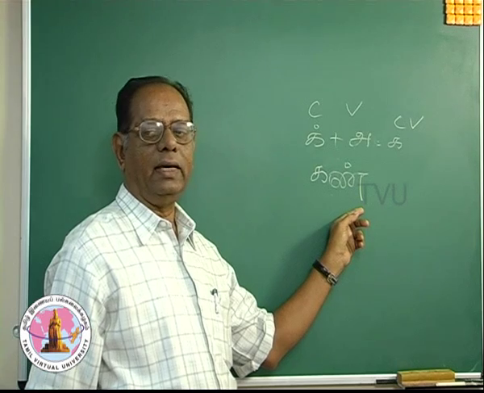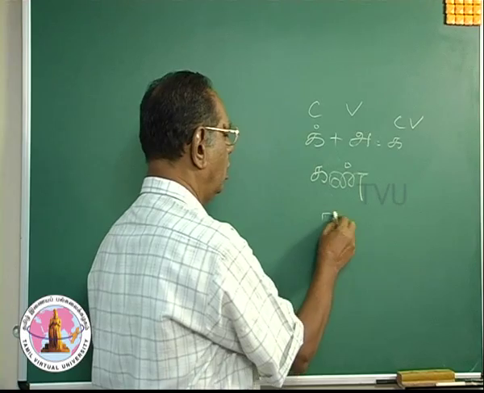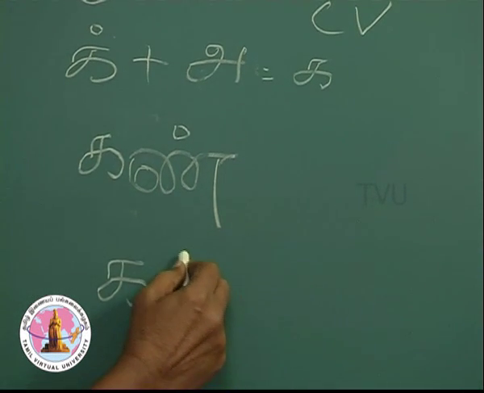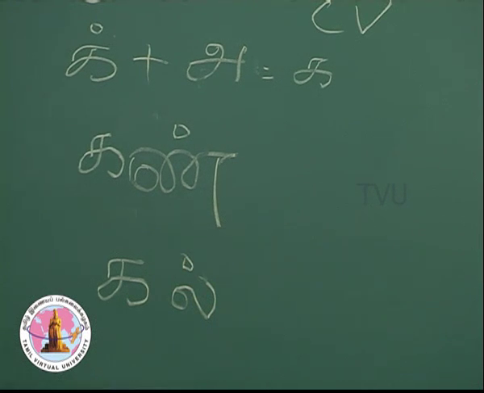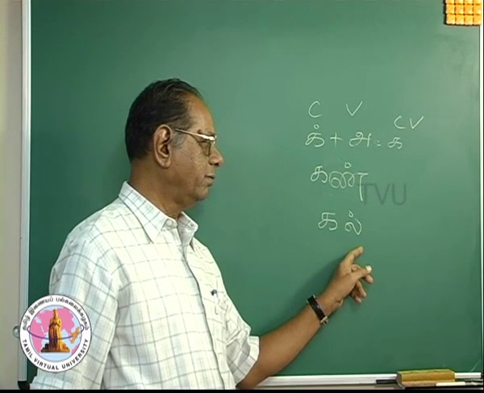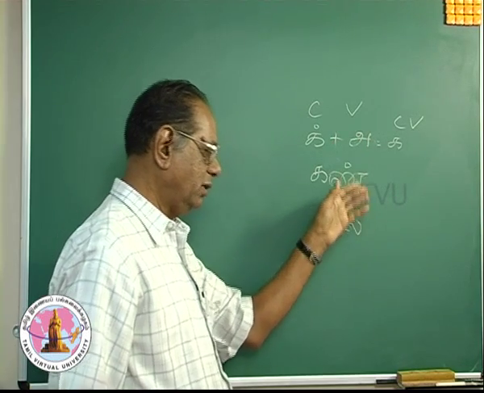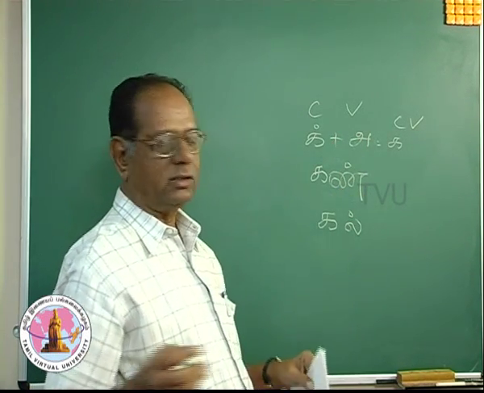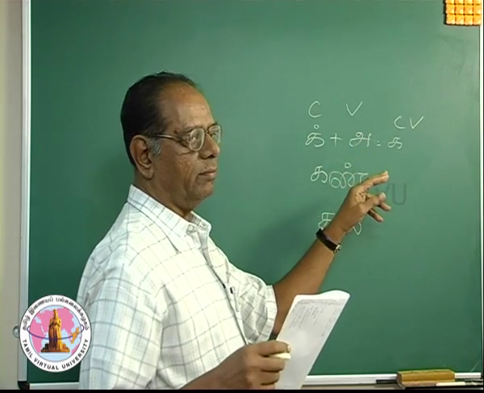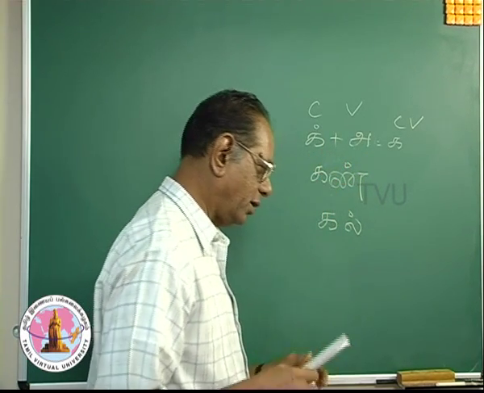Kan, an eye. So also, this is ka and this is la. With a dot above, it becomes il. Ka, il, kal, a stone. Like that, we saw a few words which have the short vowel a combined with a consonant.